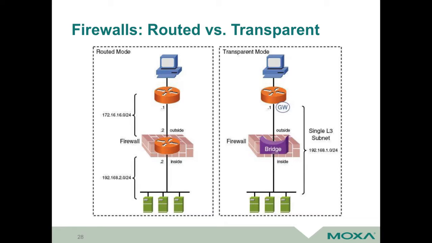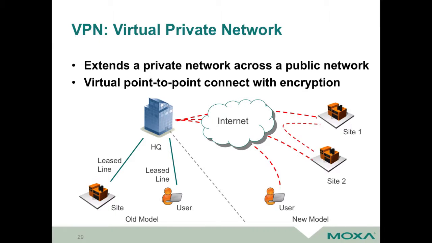Some applications, particularly legacy applications where you've got to upgrade but you don't want to re-architect and change your IP addresses, there are ways to install a firewall without changing the IP addresses, and we call that a transparent mode. Again, if you'd like to know more, there are some great resources, and I've learned a lot of this from working with IT people on this.